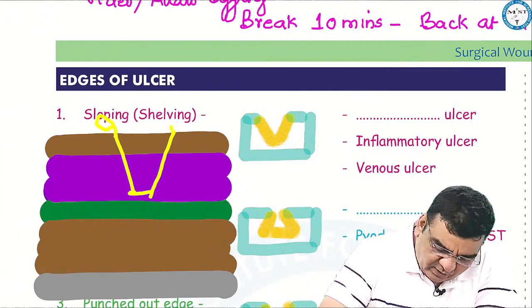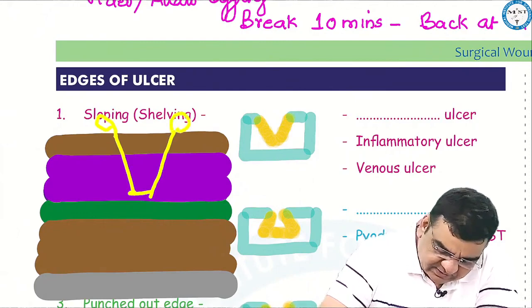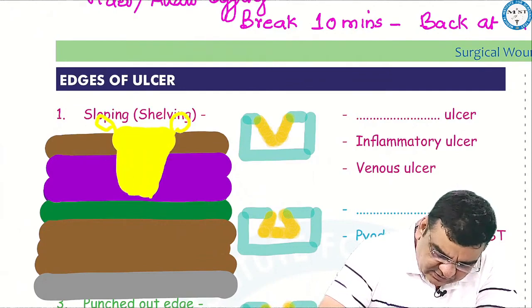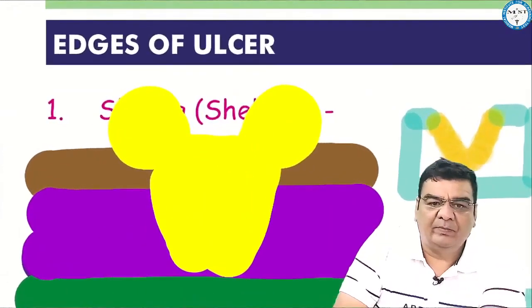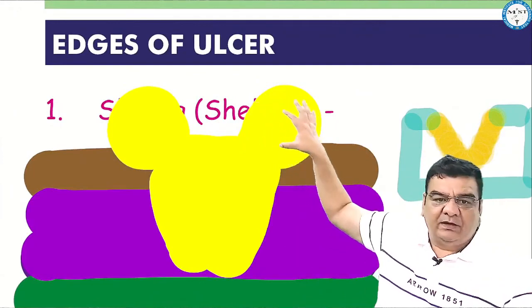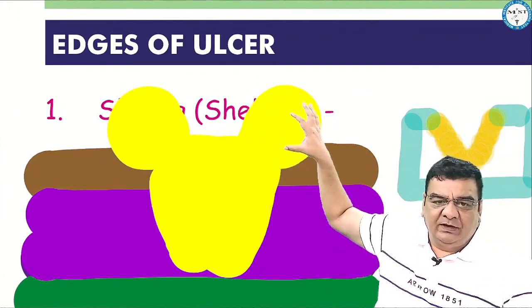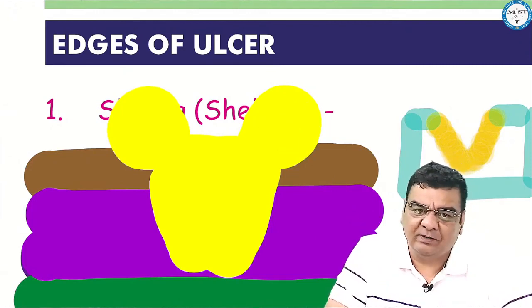there might be rolled out and beaded edges. Now rolled out and beaded is something like this, beta. Suppose this is it, and here you see some beaded pearls. This pearly edge or beaded edge is seen in basal cell carcinoma.